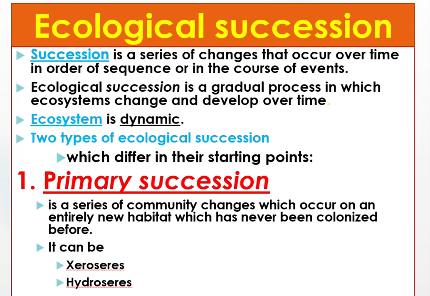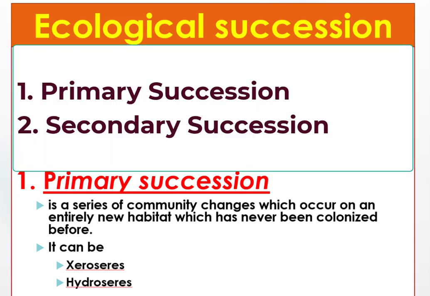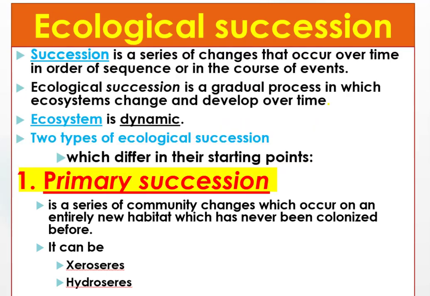Based on their starting points, ecological succession can be primary succession and secondary succession. Primary succession is a series of community changes which occur on an entirely new habitat which has never been colonized before.